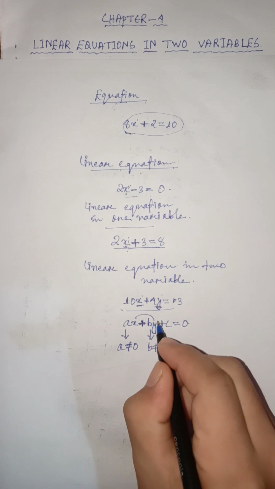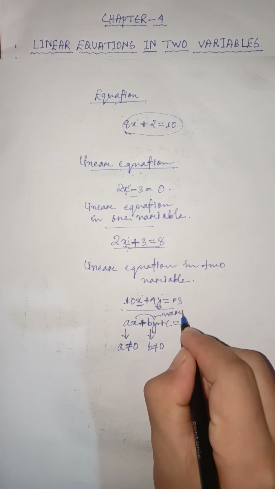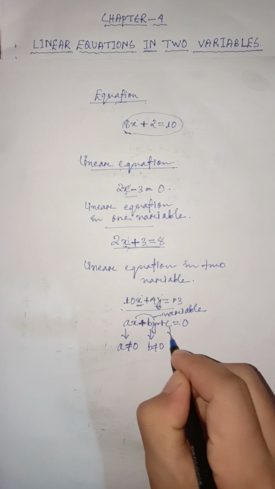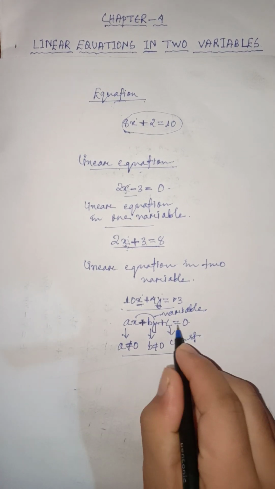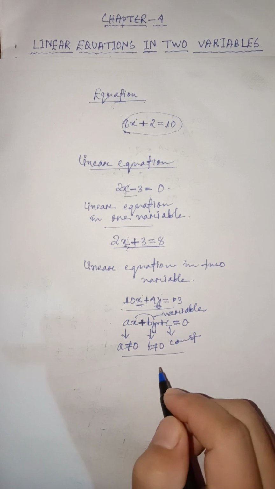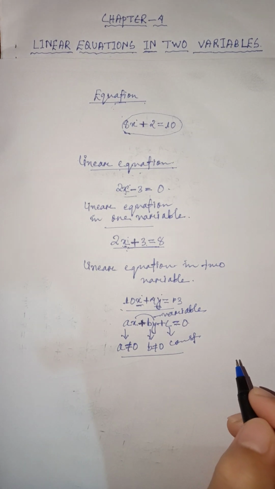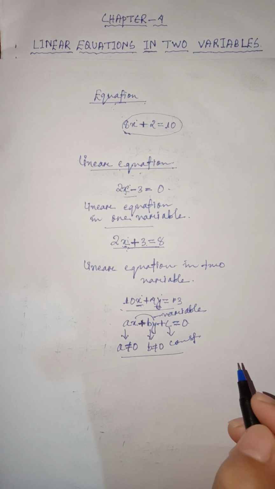And x and y, these two are variables, and c itself is also a constant, right? So if this condition is satisfied by an equation, then simply we can call it a linear equation in two variables. Am I right?